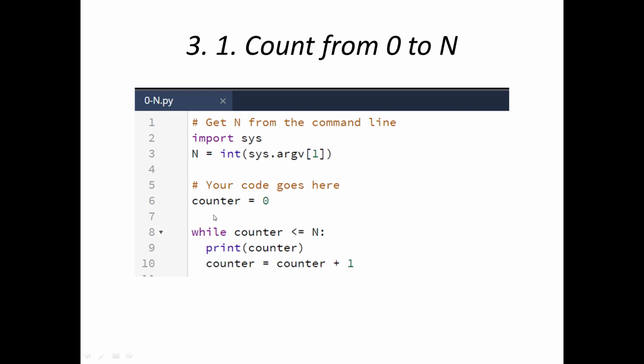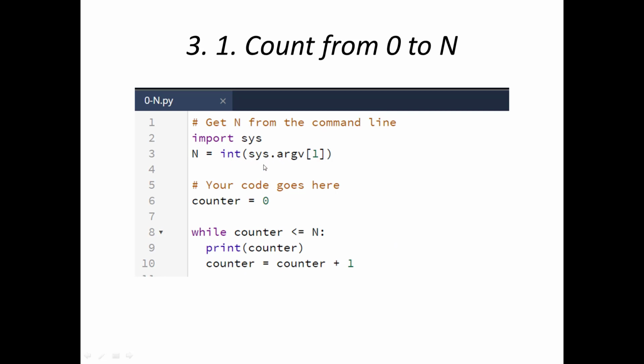So we're going to say while our counter is less than or equal to the value that we get from our user. This less than or equal to tells us we're going to count up to and including the value we were given by our user. So at the beginning of this, we're going to print the counter, and we're going to add 1 to counter, and we'll keep looping while counter is less than or equal to whatever value we get from the command line.